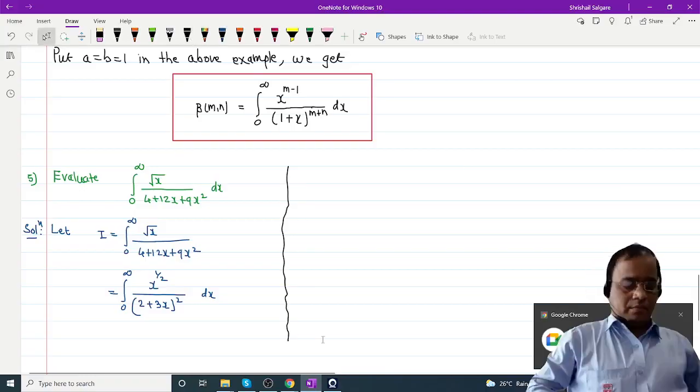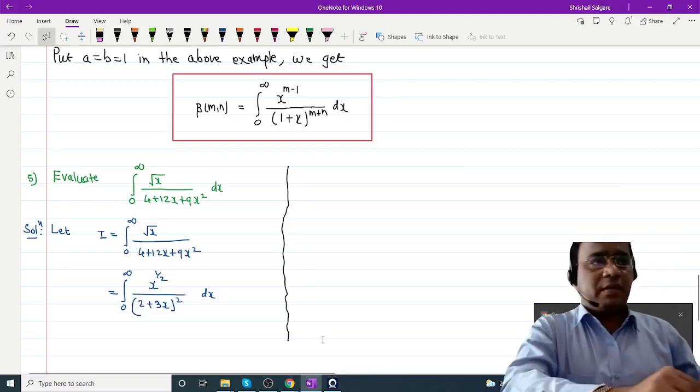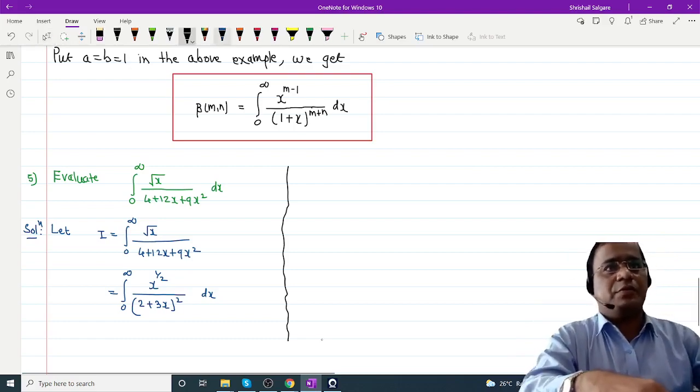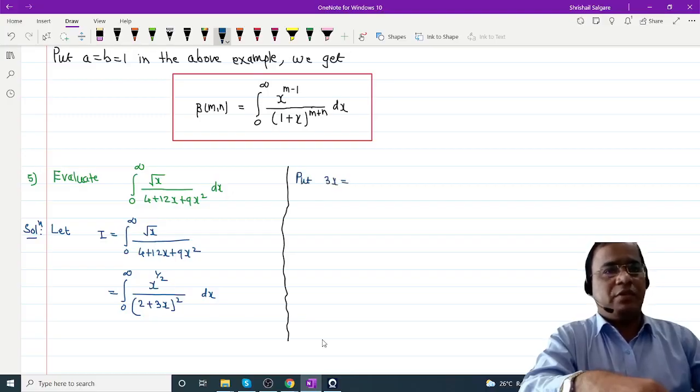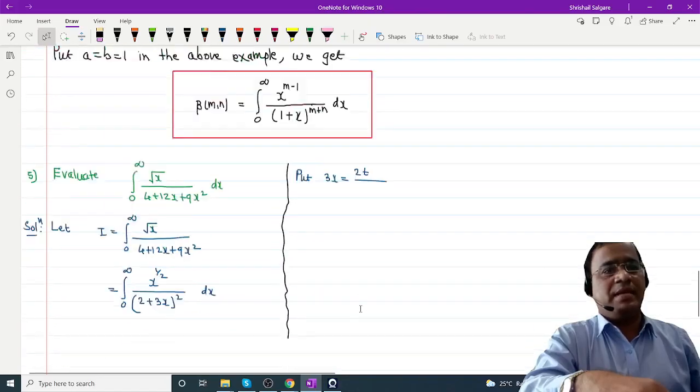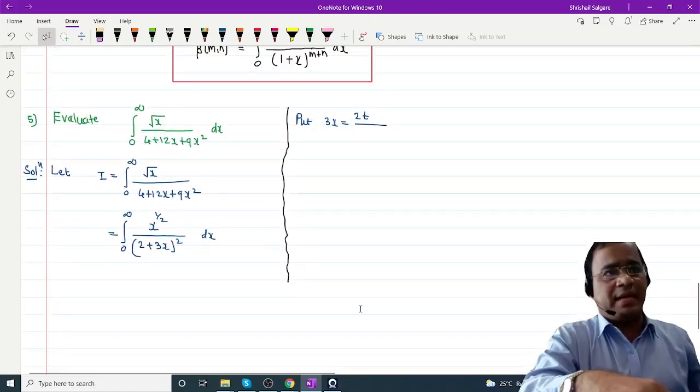So try to identify. It is a perfect square, (2 plus 3x) whole square. If you write it as a perfect square, then what is the substitution? Recall the first one. Put 3x equal to 2t divided by 1 minus t.